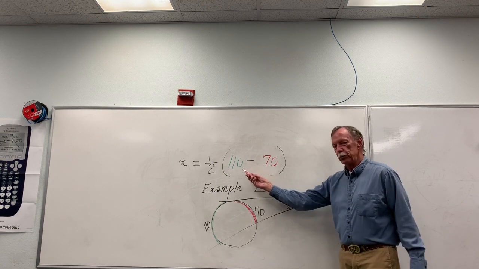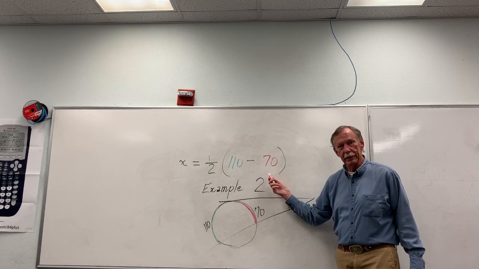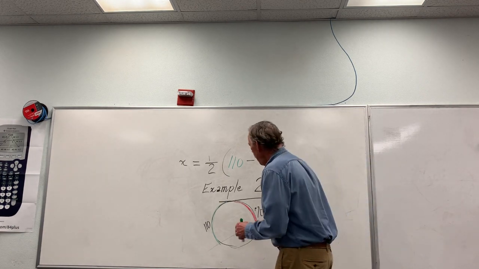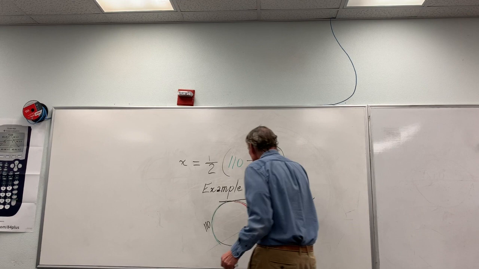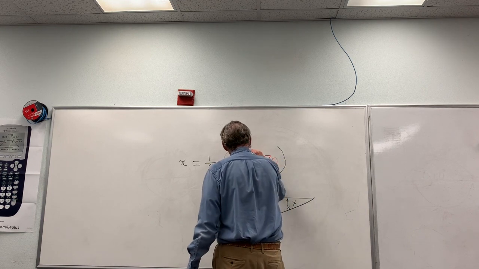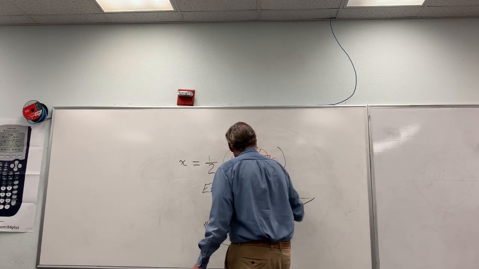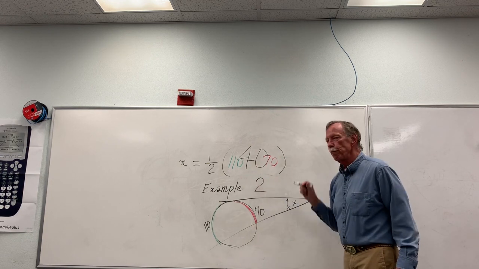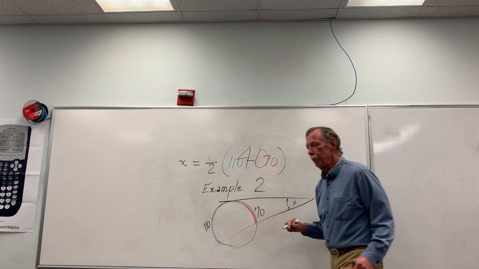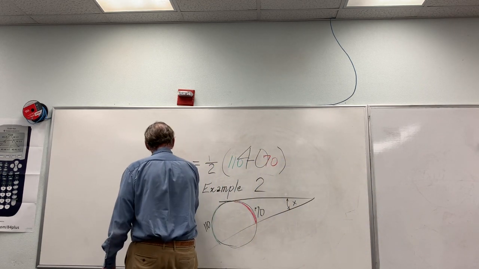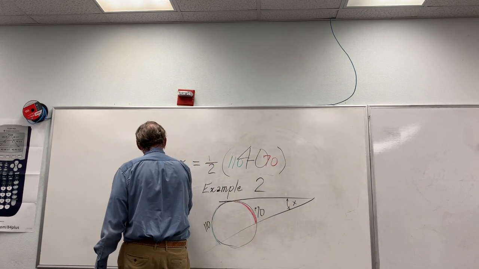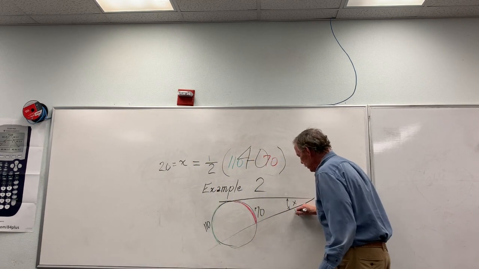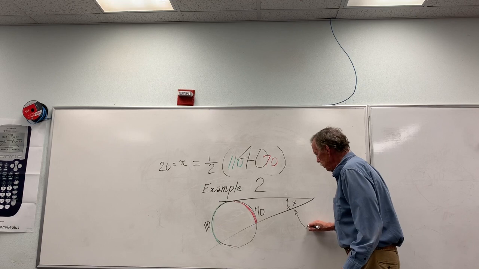The difference between 110 and 70 is 40. So, 40 would go in here. Half of 40 is 20. So this X here is 20. This angle X out here is 20.